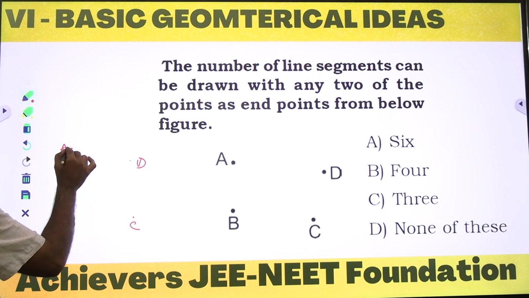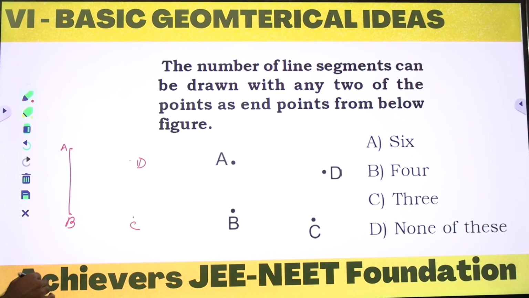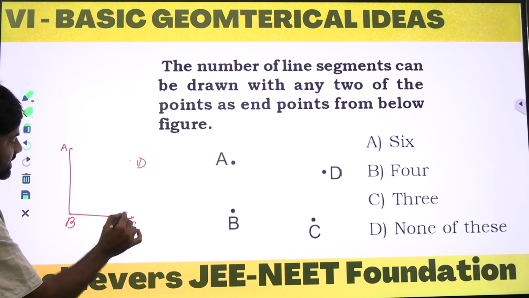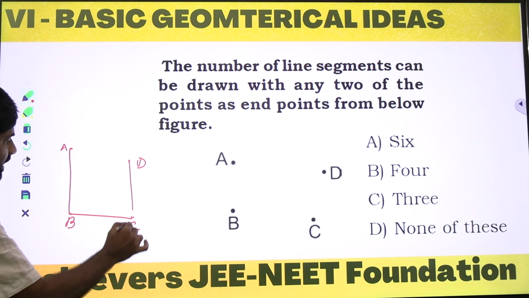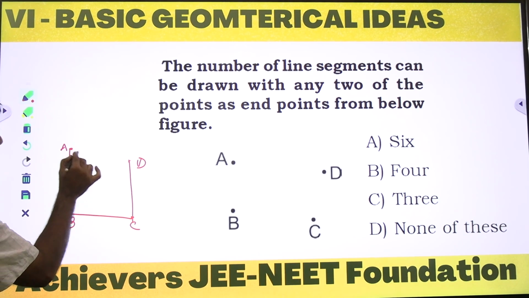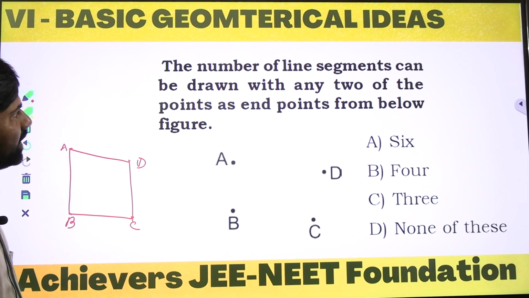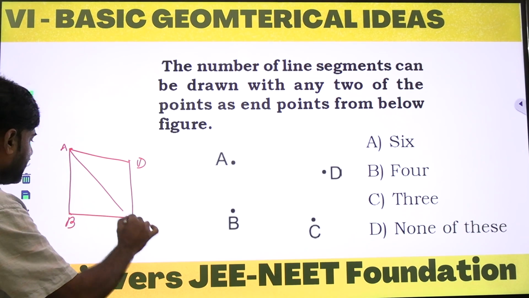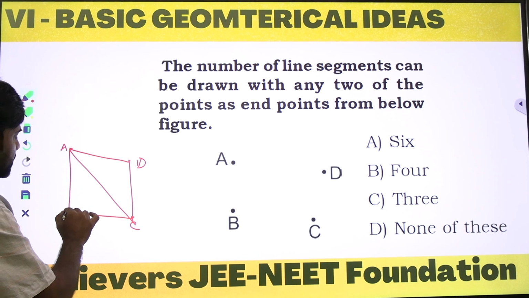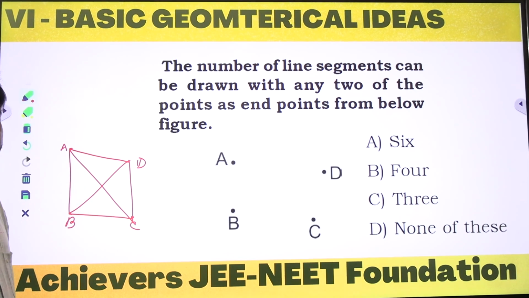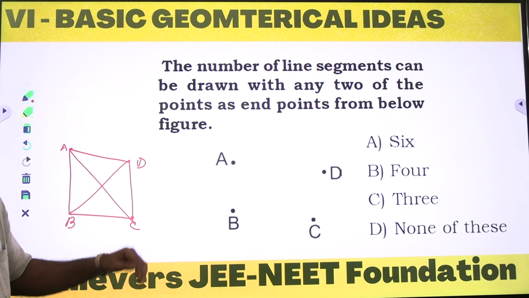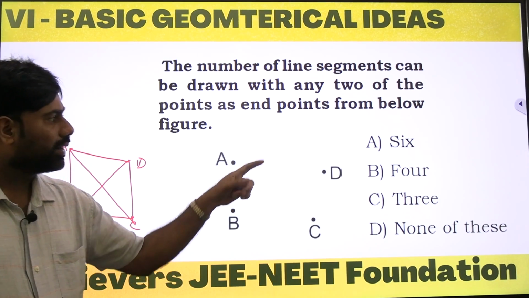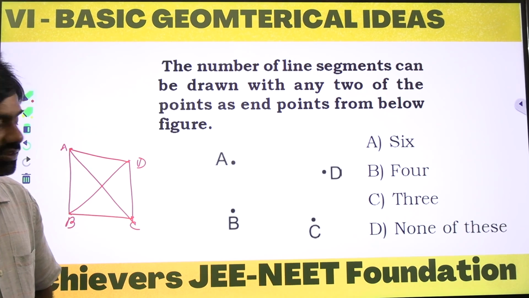If you join A and B, one line segment is formed. By joining B and C, second line segment. By joining C and D, third. By joining A and D, fourth. Next, by joining A and C, another line segment. By joining B and D, one more. Finally, 6 line segments are formed. Therefore, option A, 6 is the correct answer.